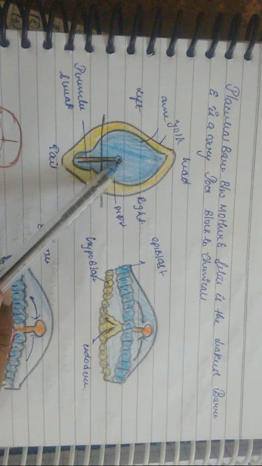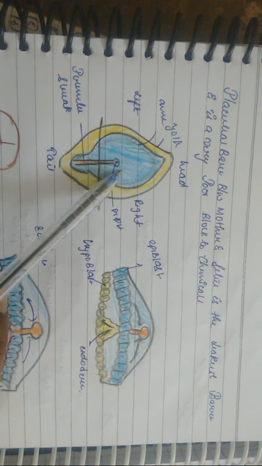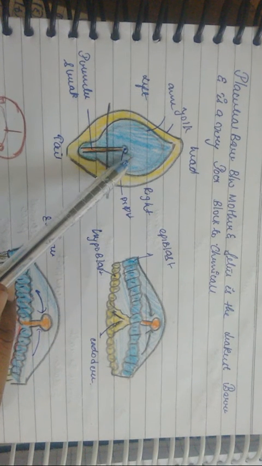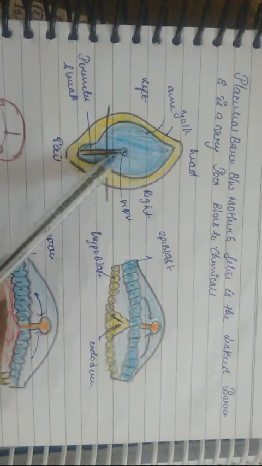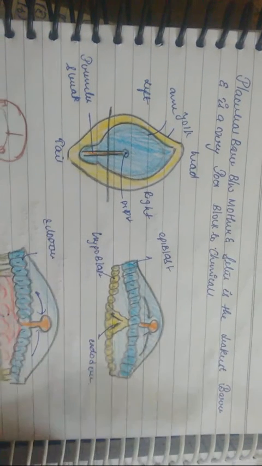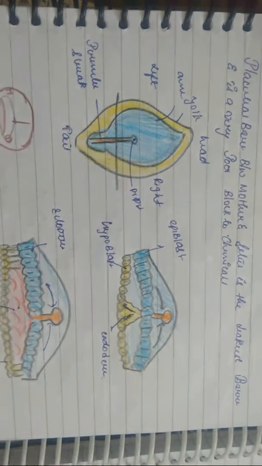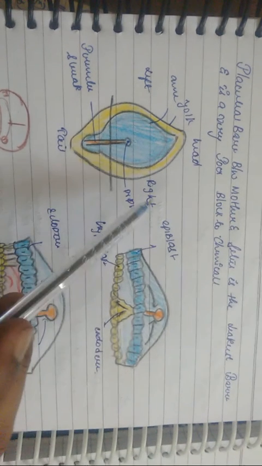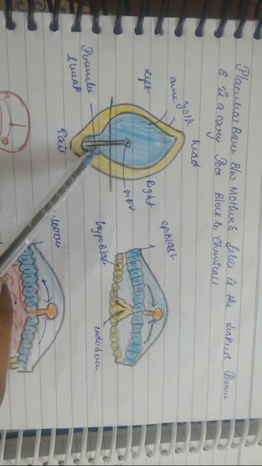You can go down, and this becomes the primitive node, the round structure which is present anteriorly, and in the center it is called the primitive pit. So these are the things you have to understand regarding the formation of the primitive streak. Just remember that the primitive streak is formed by the epiblastic cells present at the caudal end.